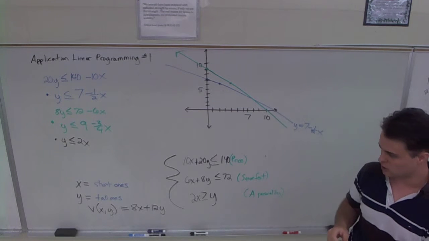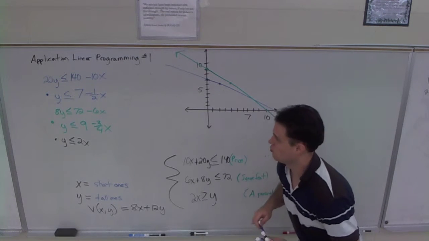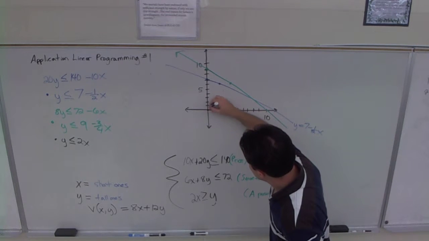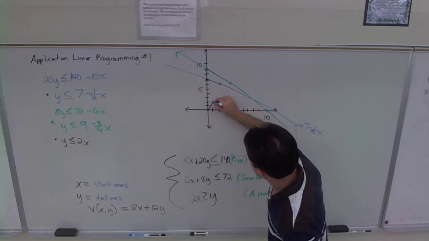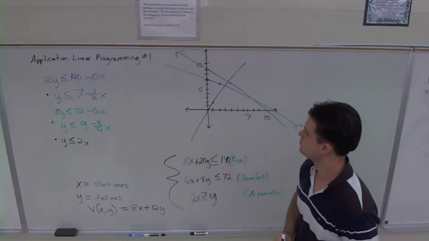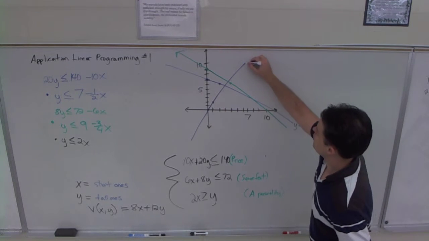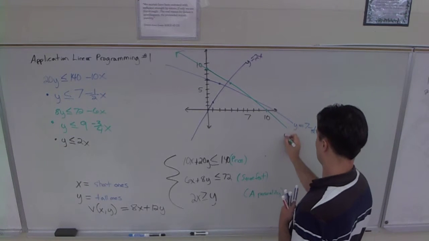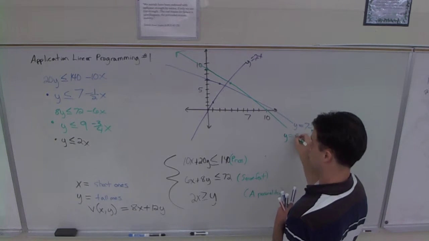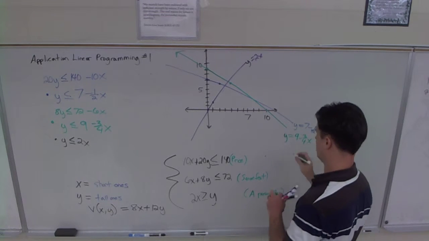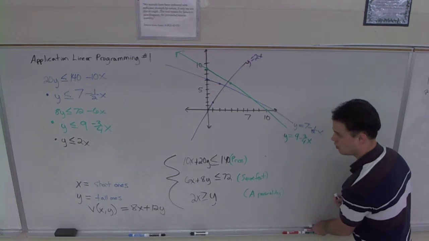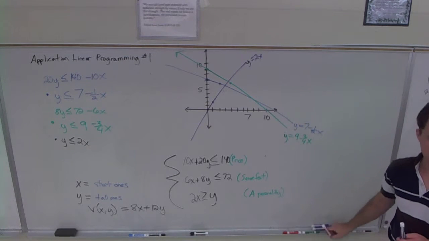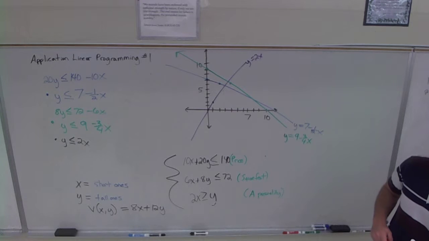And my last one I did in black, so let's get that guy in purple. 2x is the easiest line ever, so y-intercept, up 2/1, that's going to look like this, right? Label my edges. There we go. So now we're good to go. We just need to figure out where it's shaded. We're supposed to be below all of them.